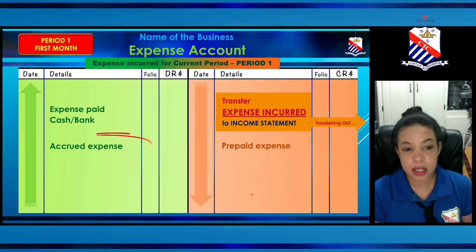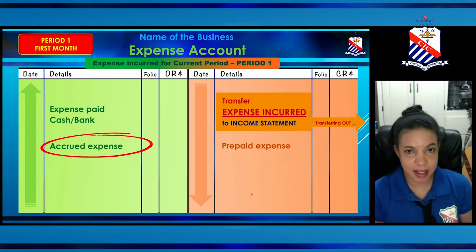Now let's go back to the accrued expense. The accrued expense, even though it was incurred in this period, is still owing. So it is a liability. For the next period, it will still be owing.